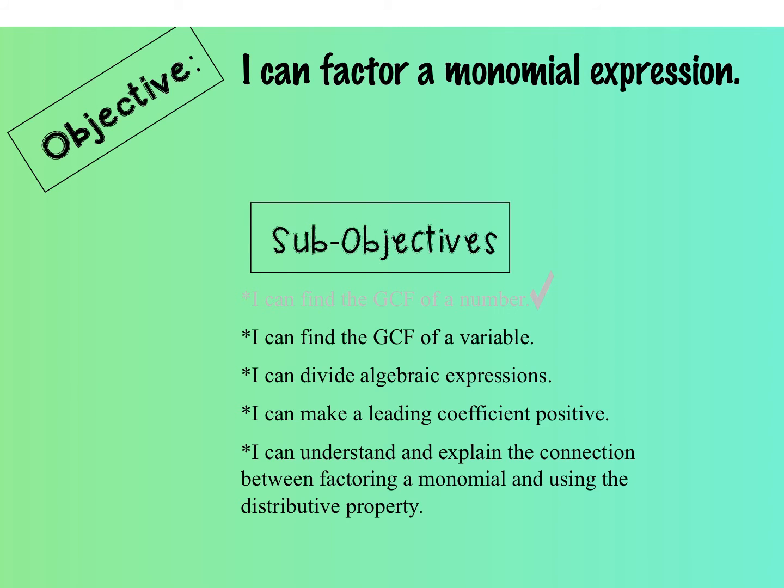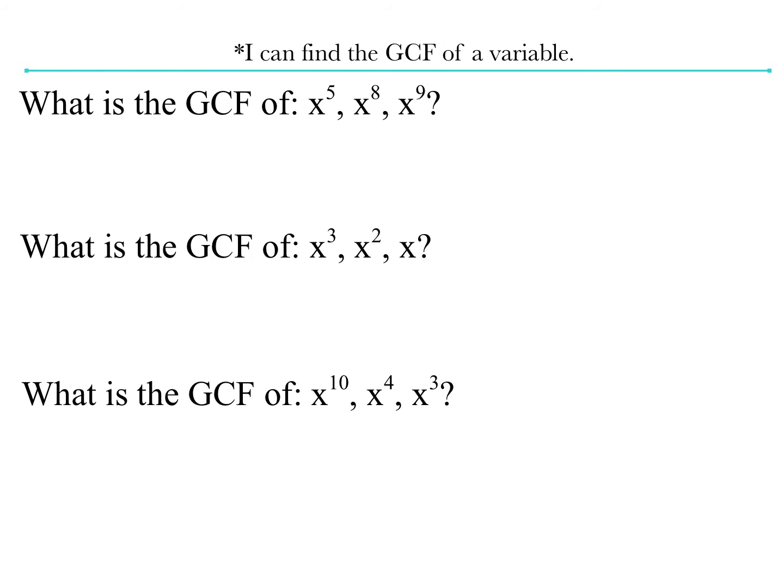All right, so our first sub-objective is finding the GCF of a number, and we have done that. So next we're going to find the GCF of variables. So if you remember, we're going to have these 3 variables. So x to the 5th, I can actually write as x times x times x times x times x.